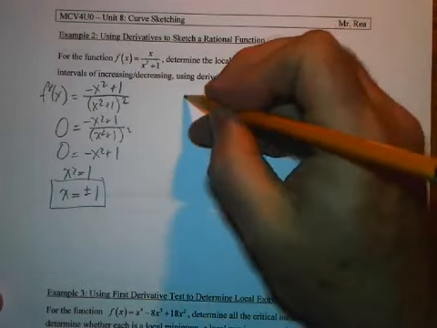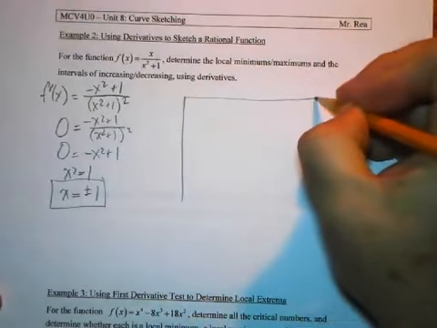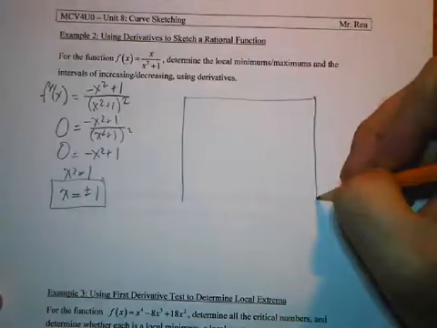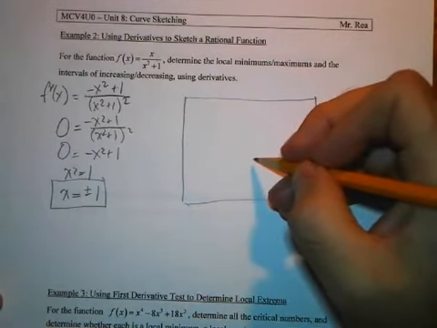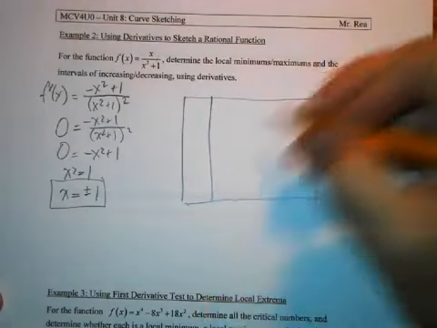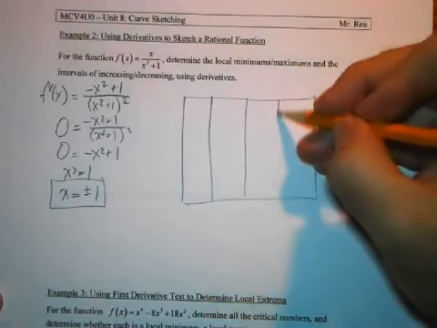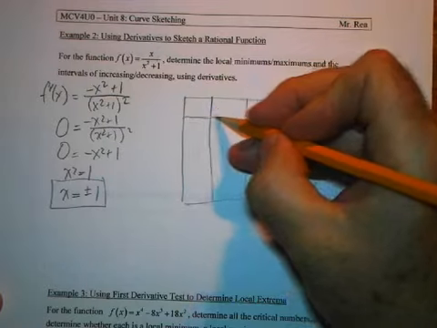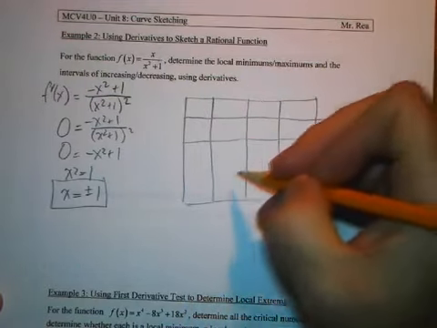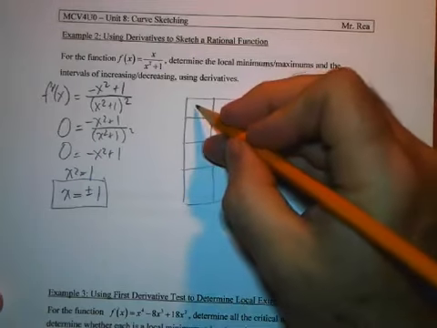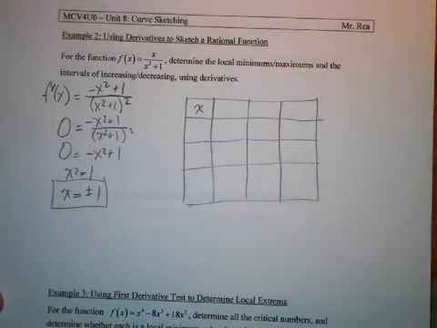So let's do our table here. It'll be the same size as before because we have two critical points again. So I'm going to have 4 columns and 4 rows. The top will be my values of x.